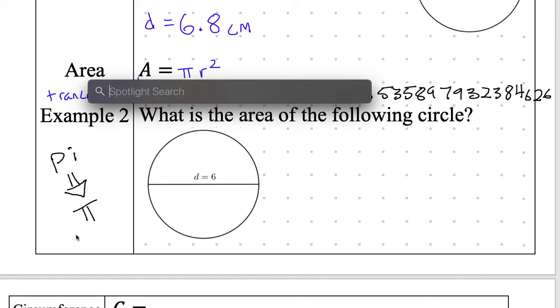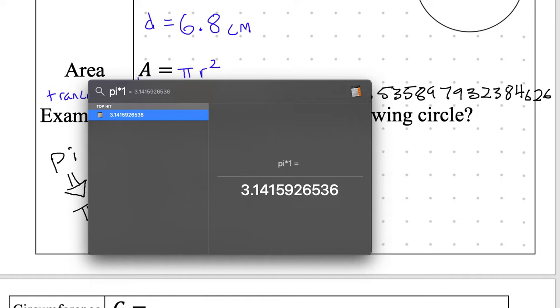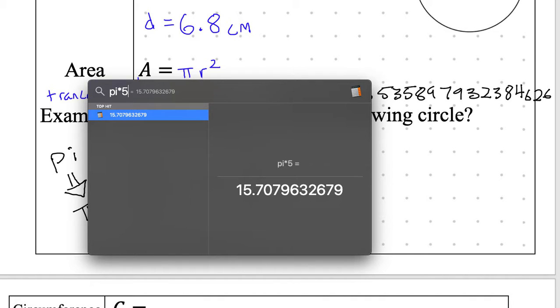And if I go on my laptop and I do Spotlight search, command space, and I type in pi times 1, it'll give me 3.14159265536, and it rounds because the next number is 8, so it rounded this to a 6. But you can do pi times 5, and you can get an approximation, which sometimes Khan Academy will let you.